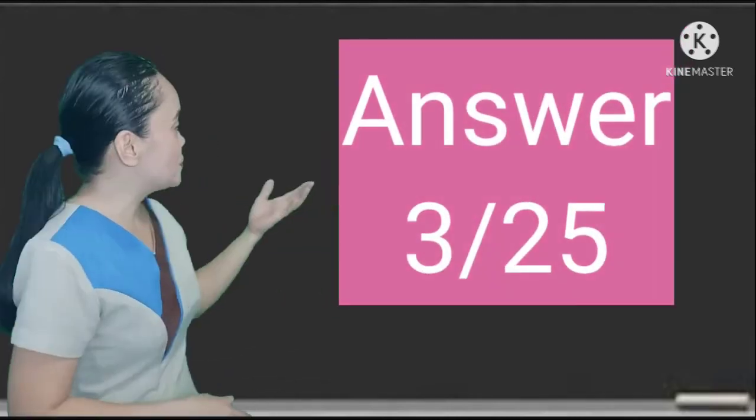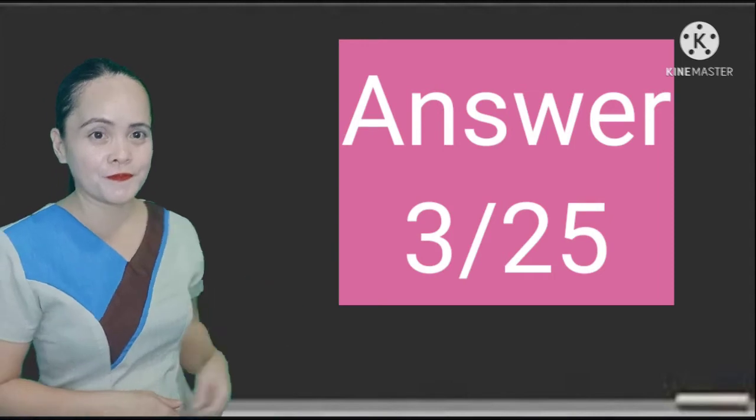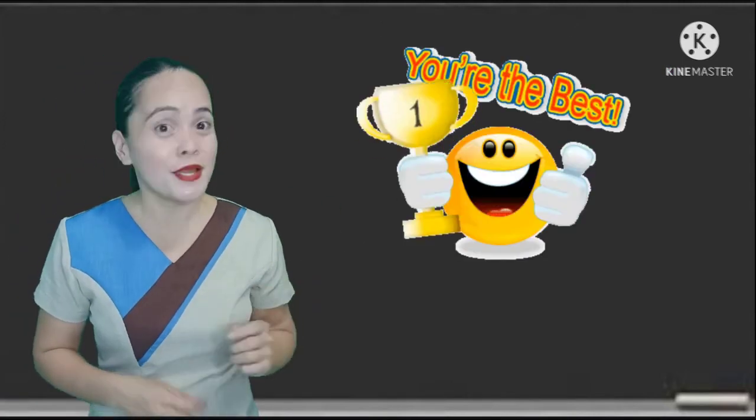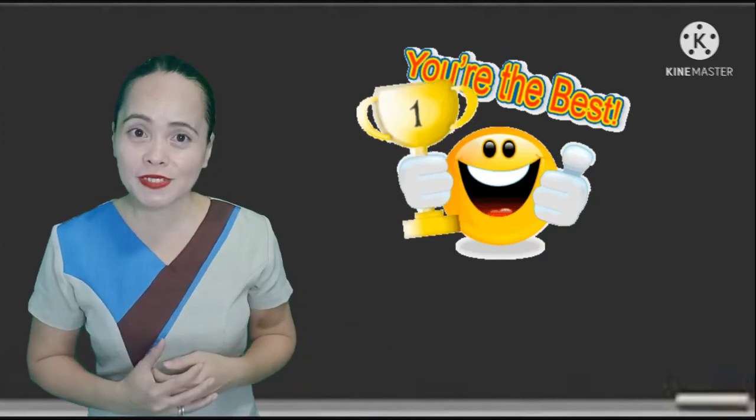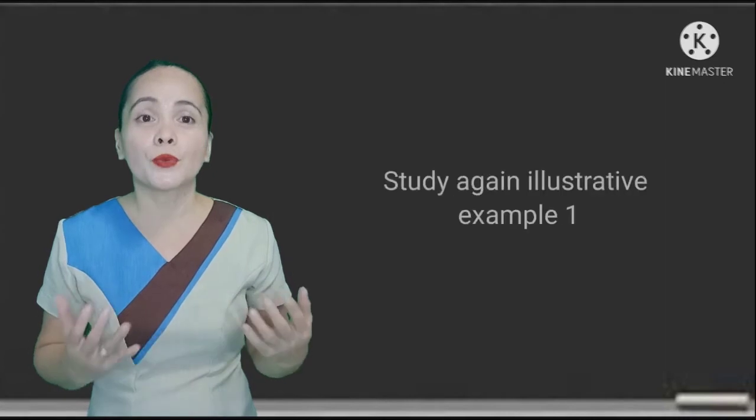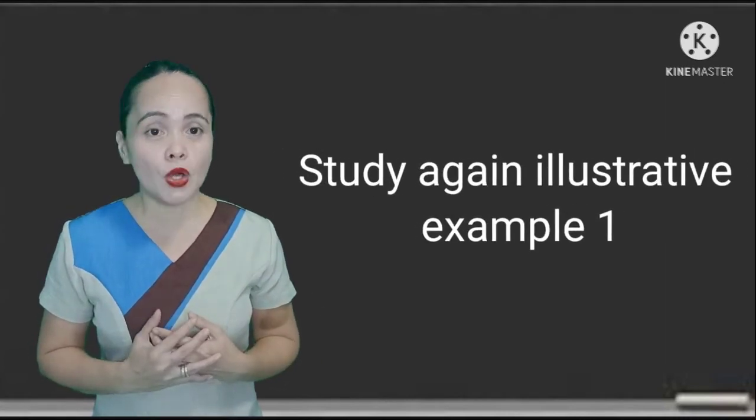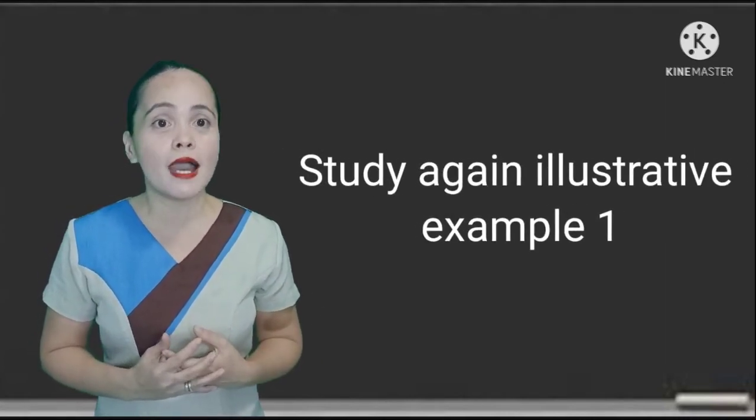Time is up. The answer is 3/25. Did you get the correct answer? Yes? Congratulations! You can now proceed to the next activity. If not, read and study again the illustrative example 1 and solve again the problem.